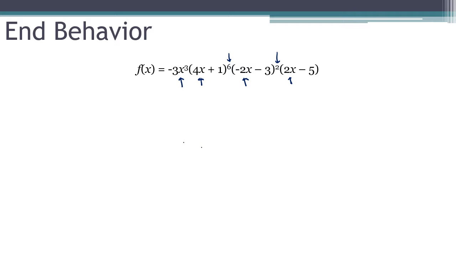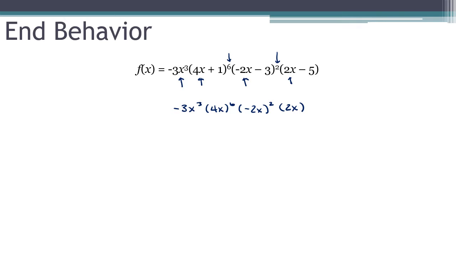So the leading term in the multiplied out version of this will be negative 3x to the third times 4x to the sixth minus 2x squared times 2x. Now remember, we really don't need to know the exact number of the leading coefficient. All I need to know is: is it positive or negative?